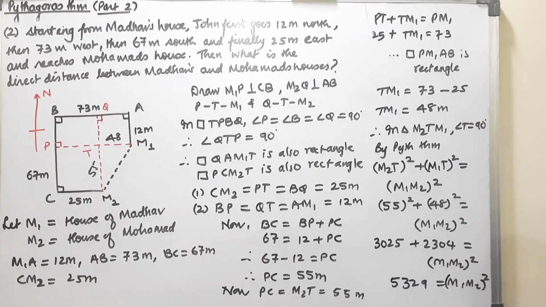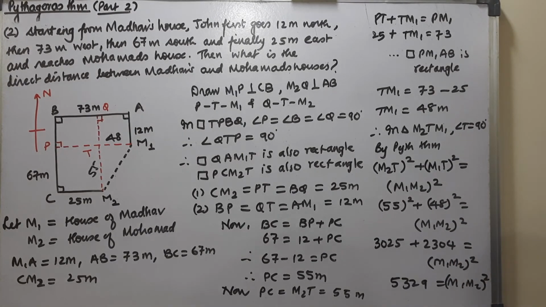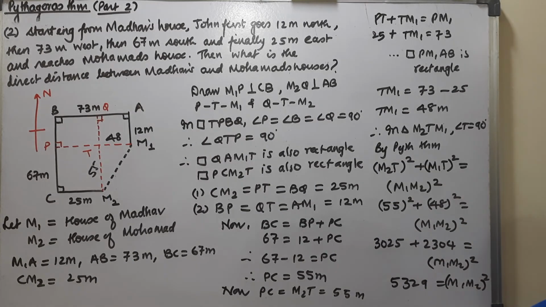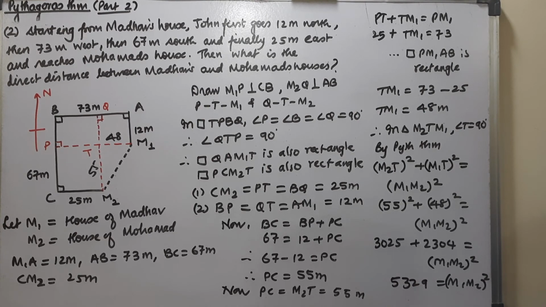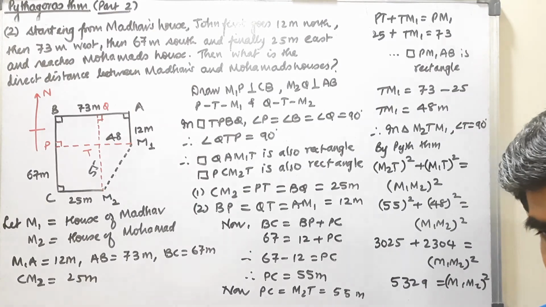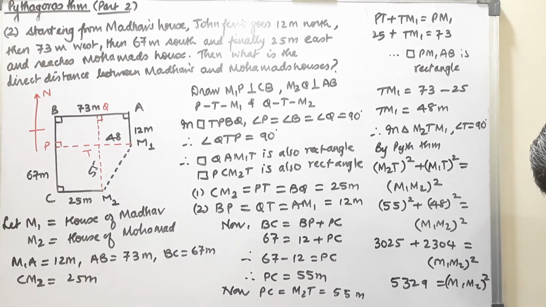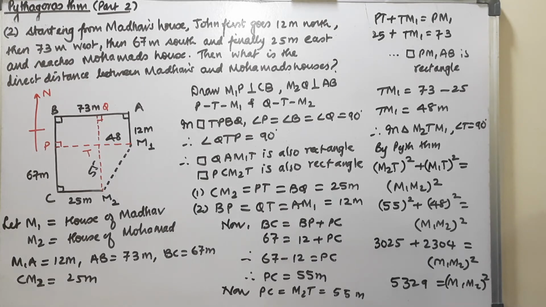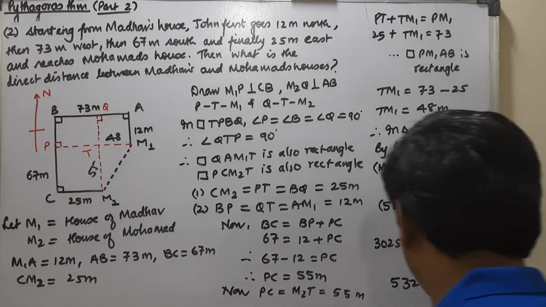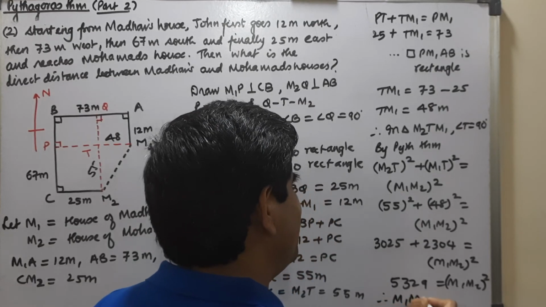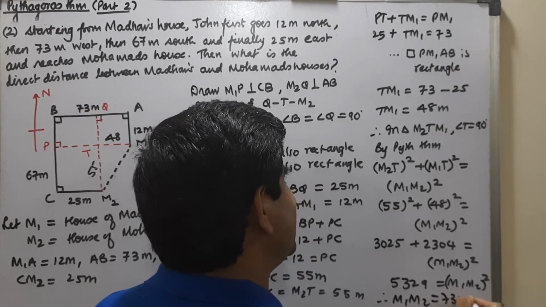So I will check for 73. 73 means 70 plus 3: 7 square is 49, so 4900 plus 9 is 4909, plus 2 times 70 into 3, that is 140 into 3 is equal to 420. Yes, it is correct. So it is 73. Therefore you get M1M2 is equal to 73 meter.